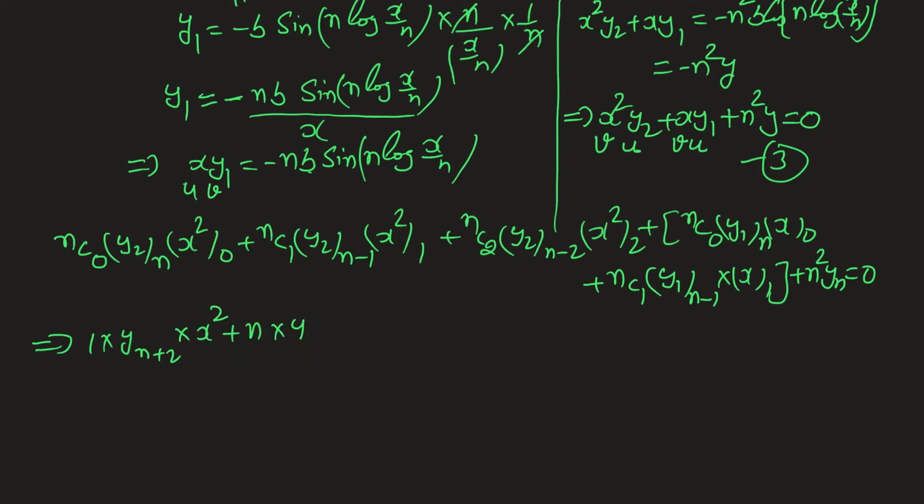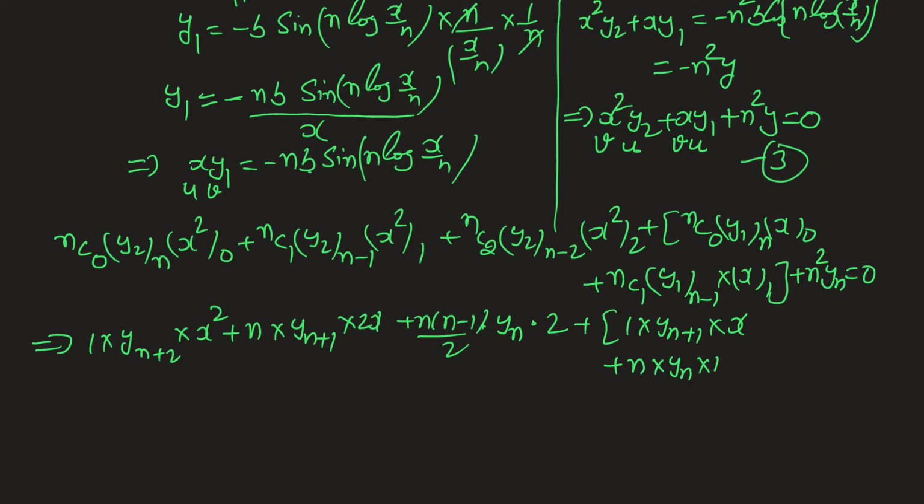Then n y_{n+1}, first order of x square is 2x, n into (n minus 1) by 2 y_n into 2, plus nC0 is 1, y_{n+1} into x plus n into y_n, first order is 1, plus n square y_n equal to 0. 2 and 2 will cancel out.